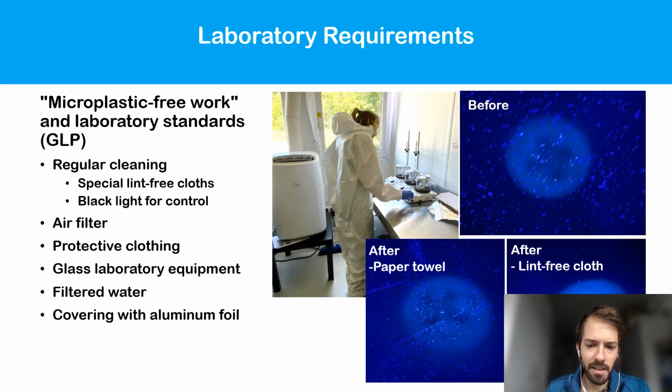Best for this is a black light. With a black light, you can control really well if your cleaning process is working well. We also applied air filters to reduce the microplastic load in the air, and lint-free protective clothing. Of course, we only use glass equipment and filtered water, and we cover everything we don't need with aluminum foil.